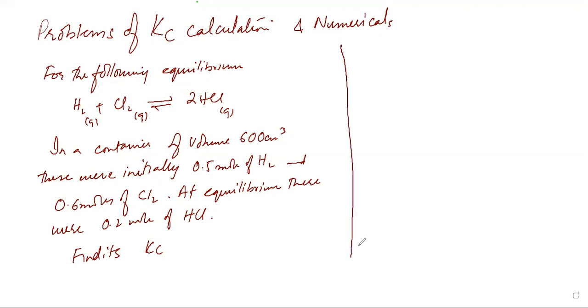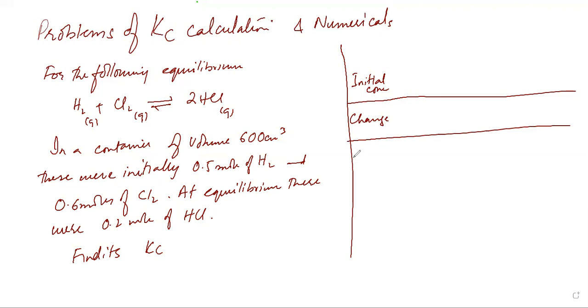तो we can make ice table. Ice table is what? Initial concentration, change, moles at equilibrium.